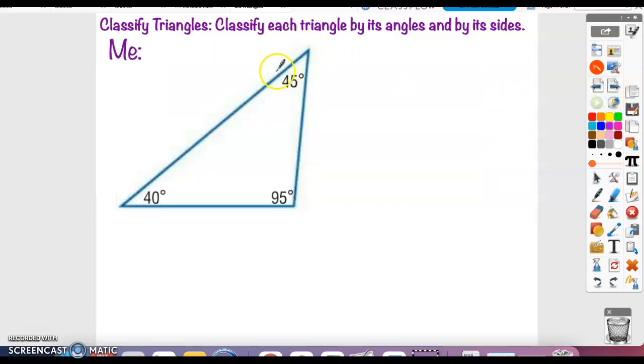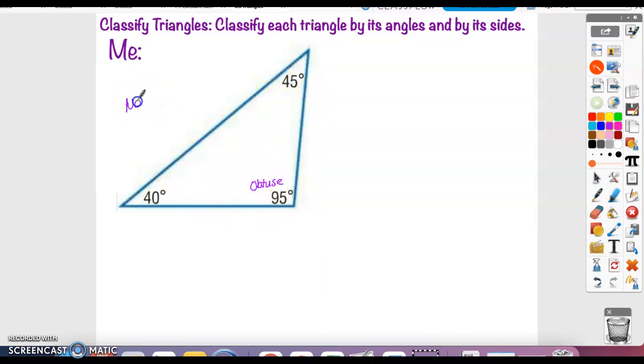Okay, so on this one we have 45, 40, and 95. This right here, it's greater than 90, so this is an obtuse angle. So that's how we would identify the angle. And then we look at the sides. None of these three sides are the same. They're not congruent.